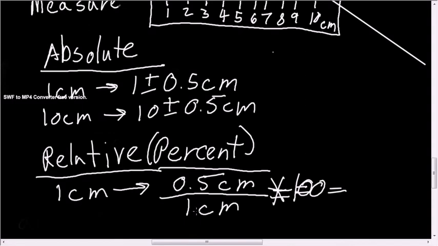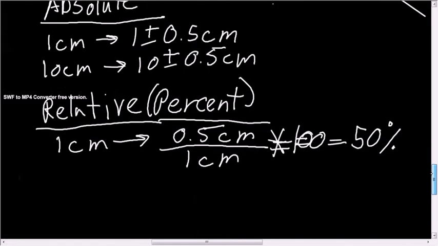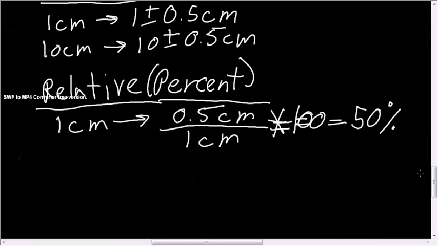Half over 1 times 100, I get 50%. So 50% of the total value I'm measuring is uncertainty. And notice that there's no units for this because it's a ratio. The centimeters and the centimeters cancel out.